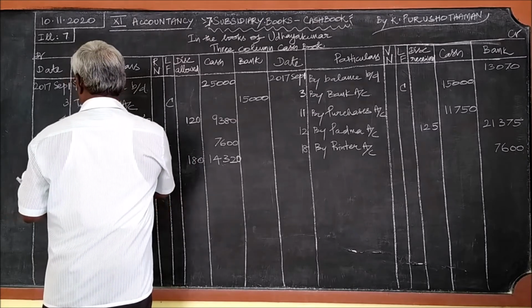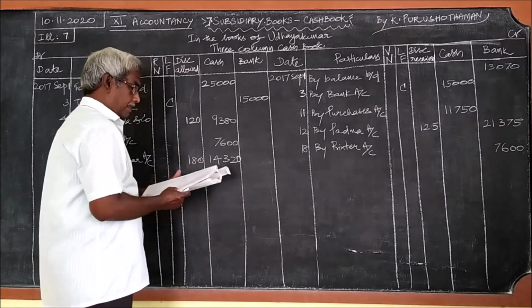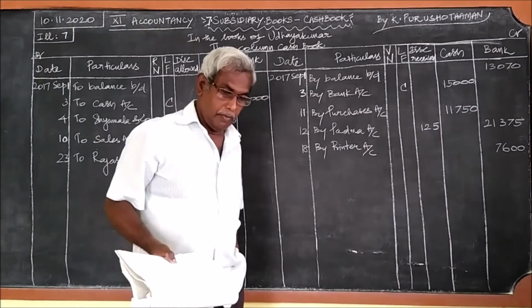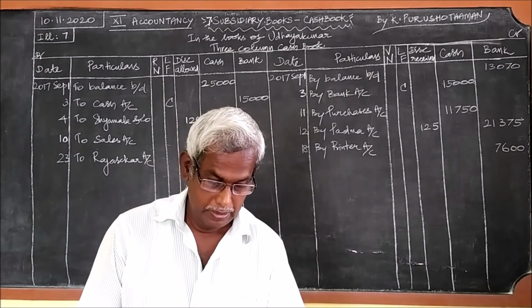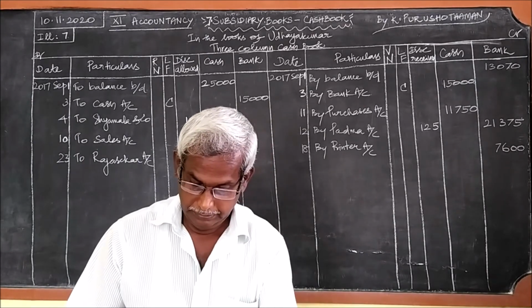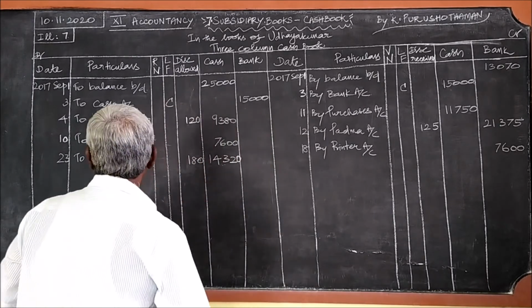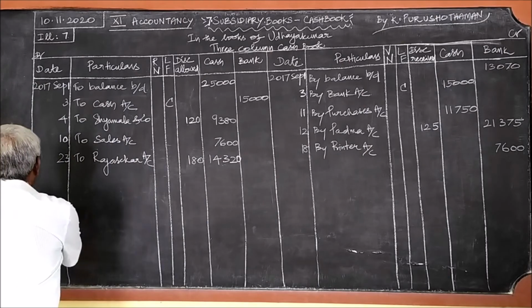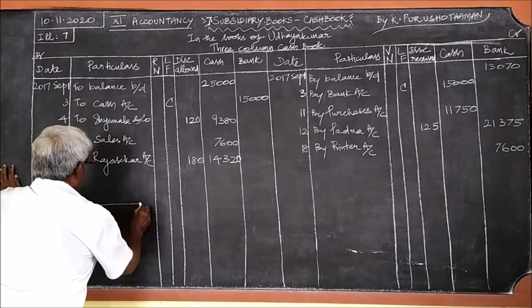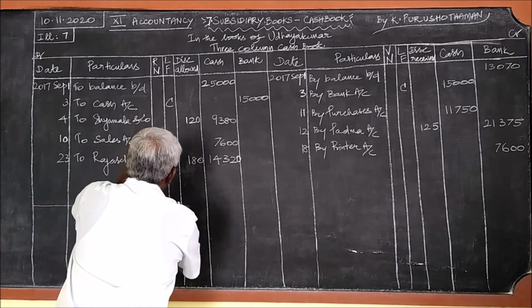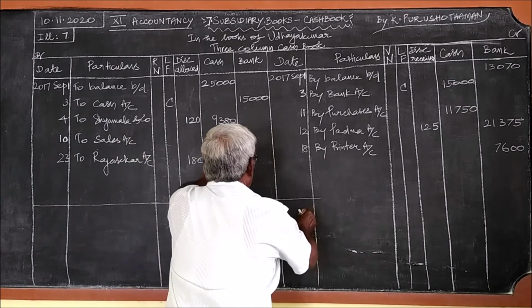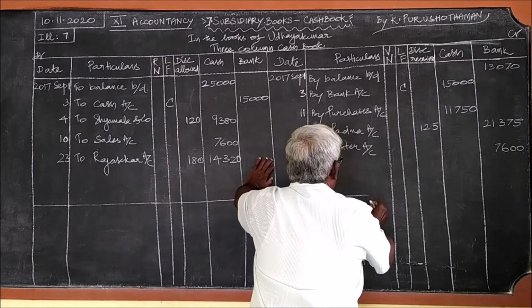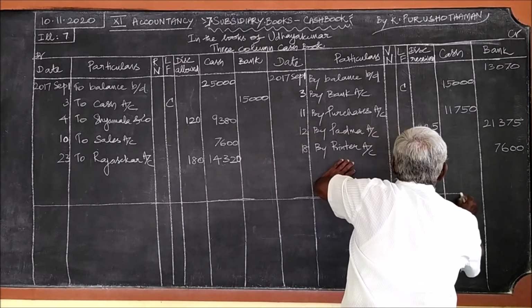Now we should find the total of this. Leave 1 or 2 lines gap to write the balance carried down and brought down.